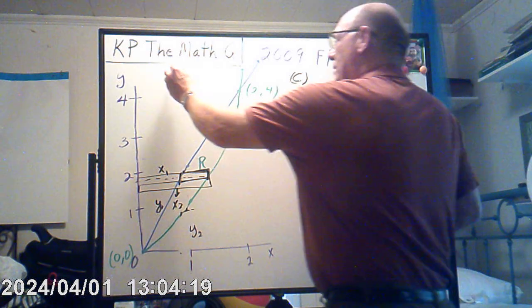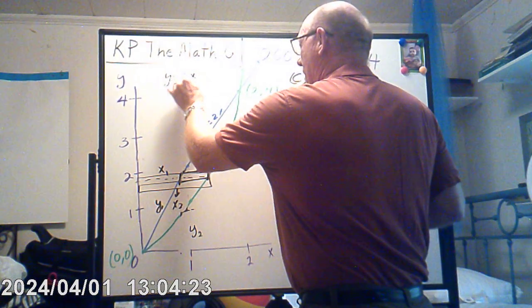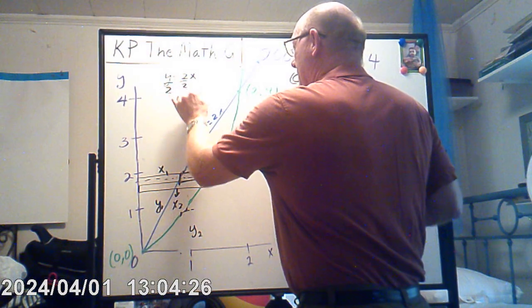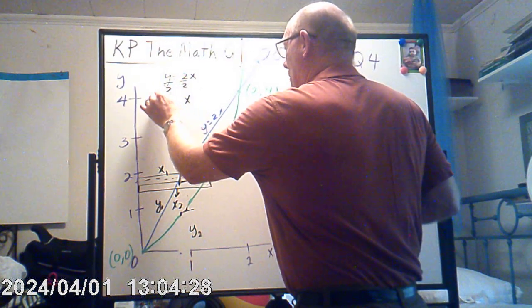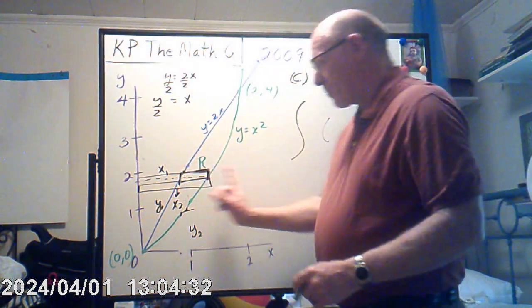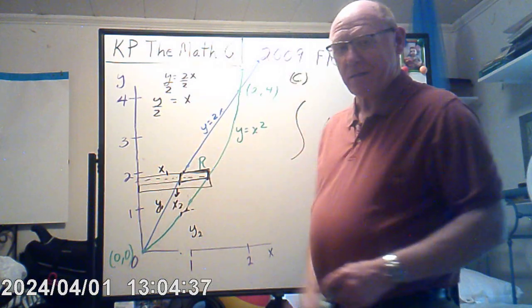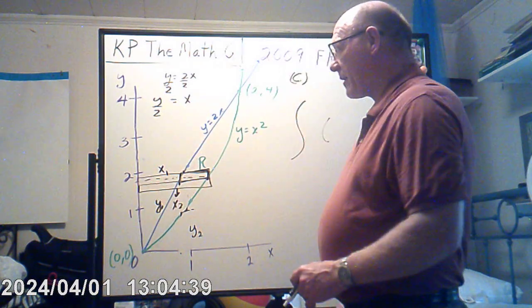So y is equal to 2x. So I'm going to divide by 2 right here. So x is equal to y over 2. You always do that when you have something perpendicular to the y-axis. You got to figure out what your x is. Okay, and that's what x is.